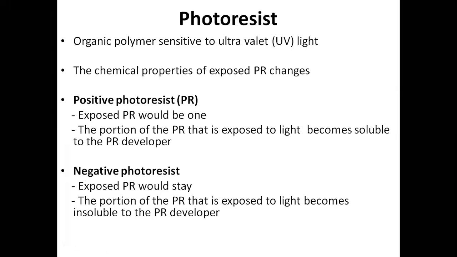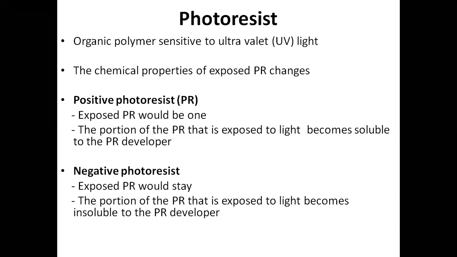Because of that chemical reaction, the chemical properties of the exposed portion change. So the portion which is exposed to UV light has different chemical properties from the portion which is not exposed.